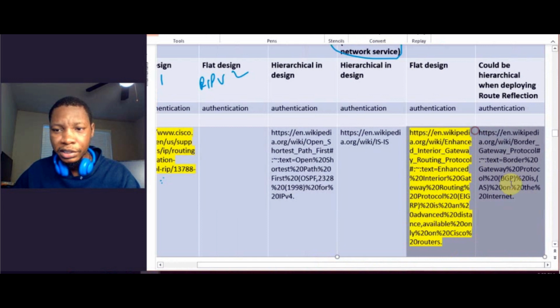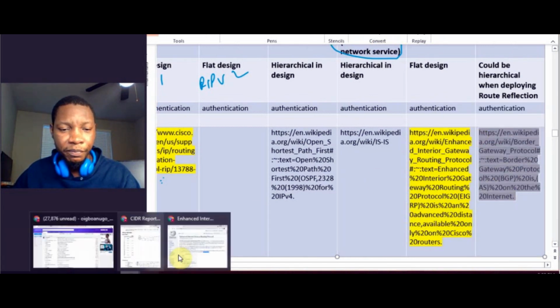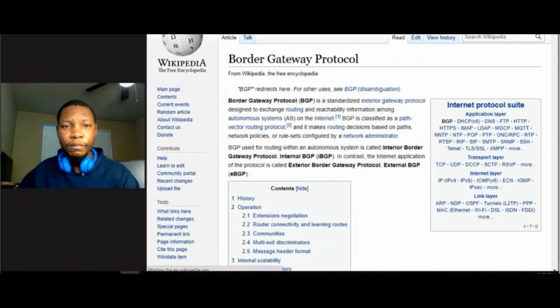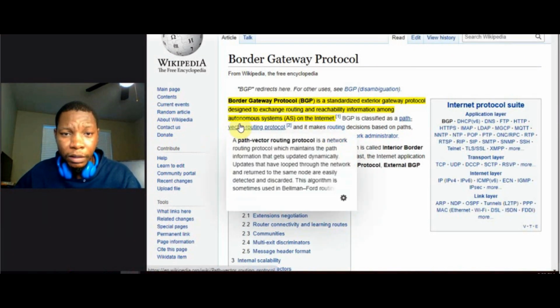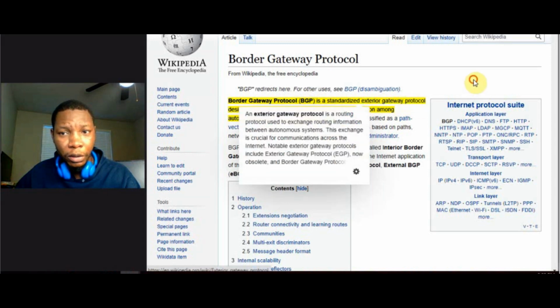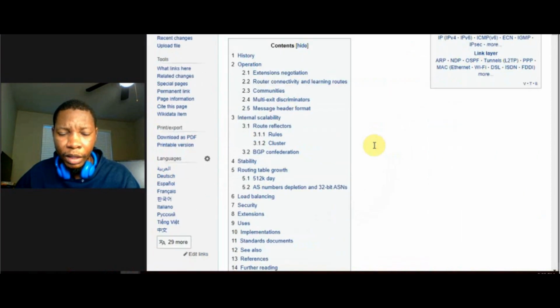Let's go to BGP to see when it was first created, to see its history. That would be cool to see. As for BGP, Wikipedia says Border Gateway Protocol is a standardized exterior gateway protocol, just like I said.